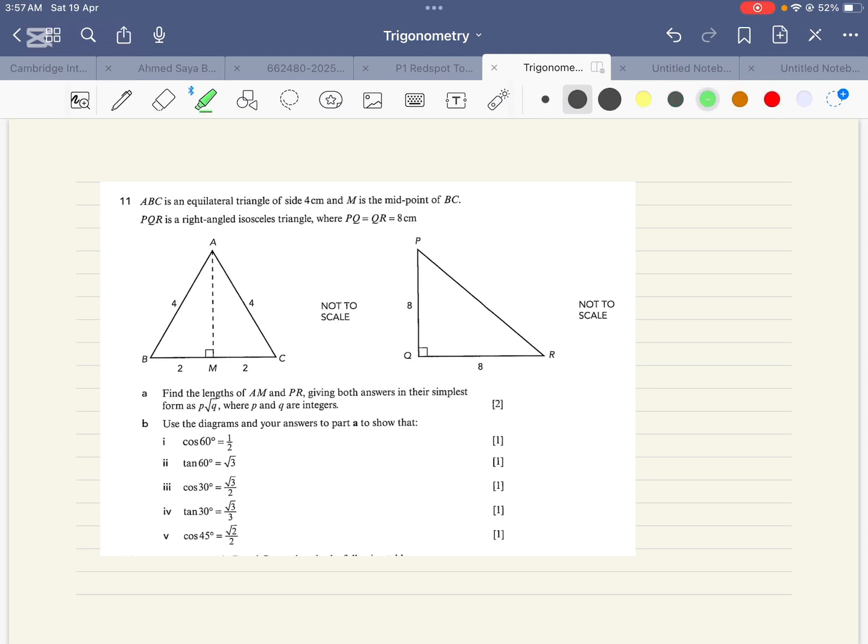AM is this and PR is this. AM can be calculated simply using Pythagoras. So AM is equal to root of 4 square minus 2 square. So we have root of 16 minus 4, which is root 12.